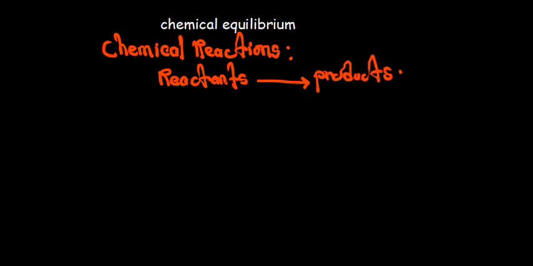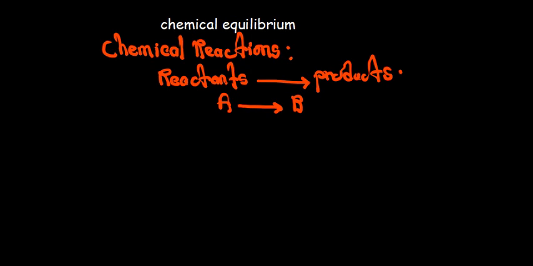It is the reactants that form the products. In the absence of the reactants, we can't have the products. Let's represent the reactants with A and the products with B. In an equilibrium reaction, the rate of the forward reaction is equal to the rate of the backward reaction, or the reverse reaction.